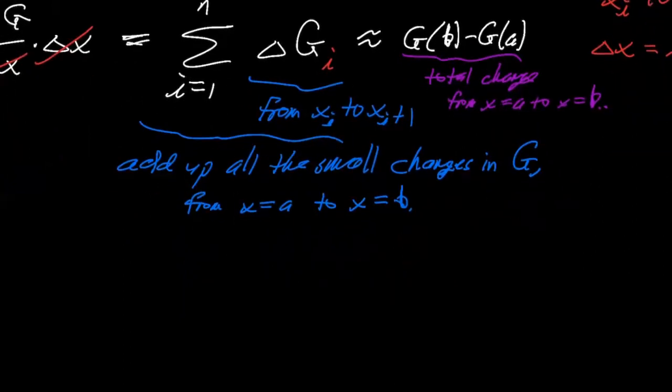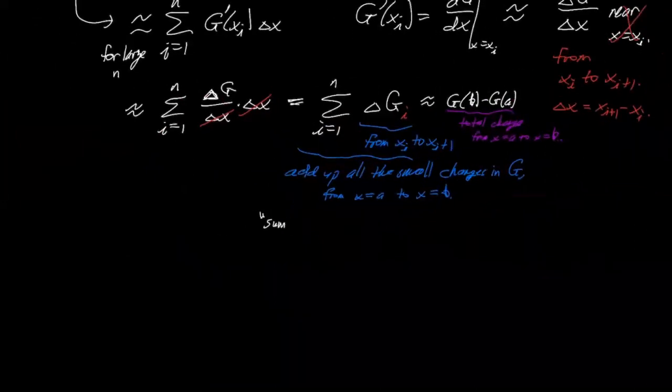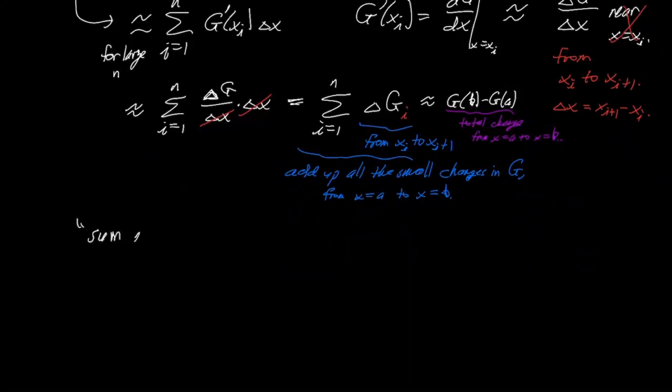So the sum of the small changes, in some ways, this is a summary. The sum, let me actually zoom back out. So the sum of all the small changes, it's sort of like we stop at each of those x sub i's, right?